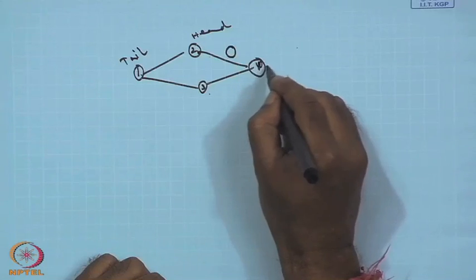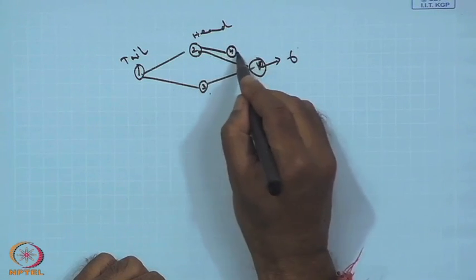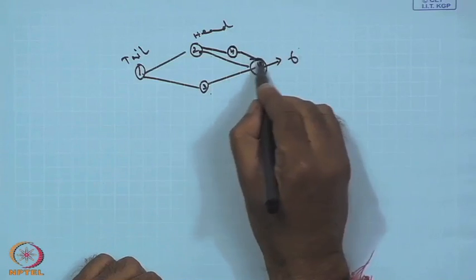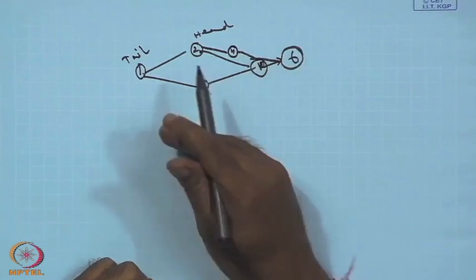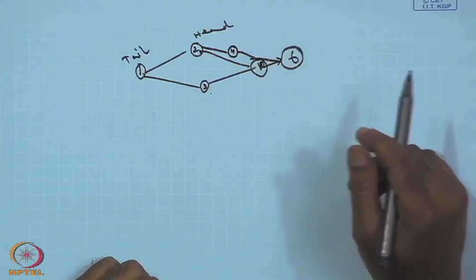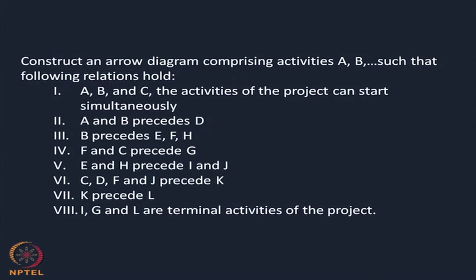If I have given this number as 6, then very easily I can mark it as 4 and go on like this. So usually some gaps should be given when numbering. It is for our betterment, so that if some new activity comes afterwards, we can reallocate it. Otherwise, I would have to use numbering like A, B.